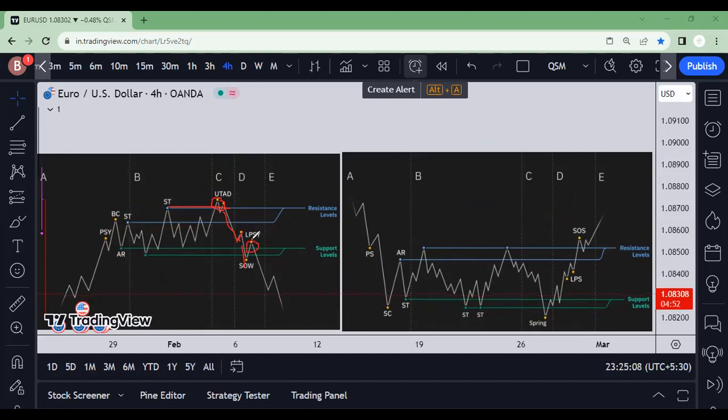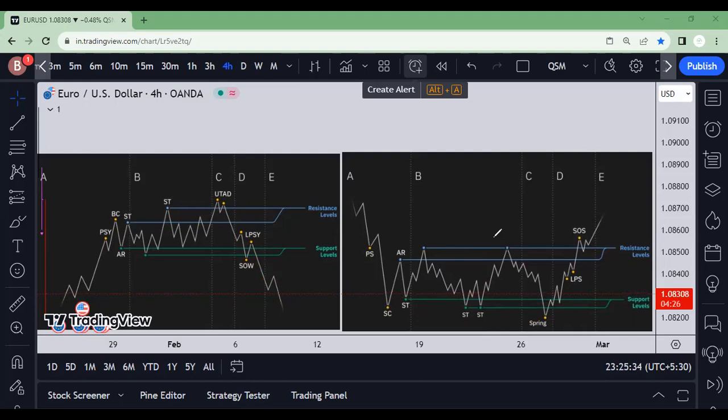This is the LPS, and down she goes. So my take on this is the same. What I understood after going through various charts and trying to apply this schematic on live charts, what difficulty I faced, I'll not get into that.